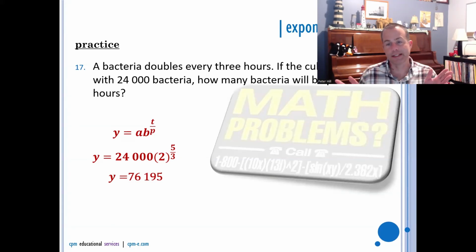A quick little conversation here about rounding because rounding sometimes stresses kids out. Here's the easiest way I can say it, okay? First of all, it's highly doubtful your diploma is going to test you on this. What was this number? 24,000 times 2 exponent 5 over 3. This number was actually 76,195.25, okay? So it'd be pretty easy to say that for sure we're going to end with 76,195.